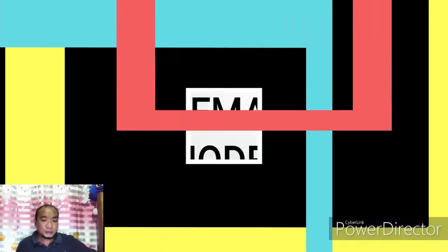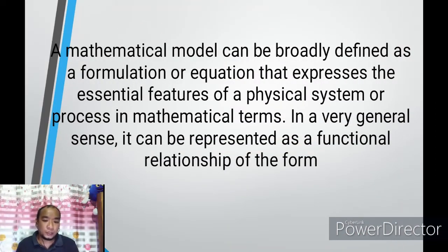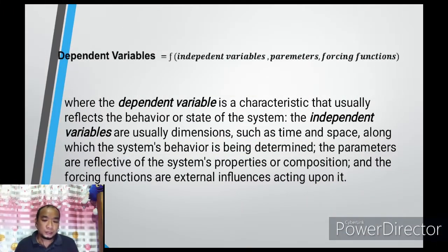A simple mathematical model. A mathematical model can be broadly defined as a formulation or equation that expresses the essential features of a physical system or process in mathematical terms. In a very general sense, it can be represented as a functional relationship of the form, where the dependent variable is a characteristic that usually reflects the behavior or state of the system.